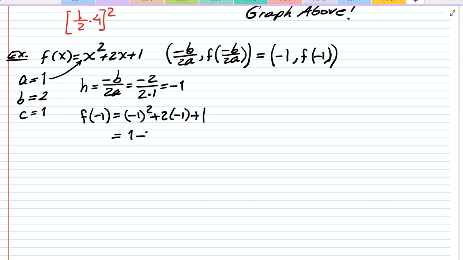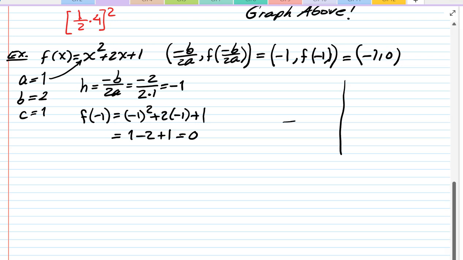That's going to give me 1 minus 2 plus 1, or simply 0. Therefore, the coordinates of the vertex are at negative 1, 0. Negative 1, 0. So here's x, there's y, here's negative 1. Let me draw this a little more straight.